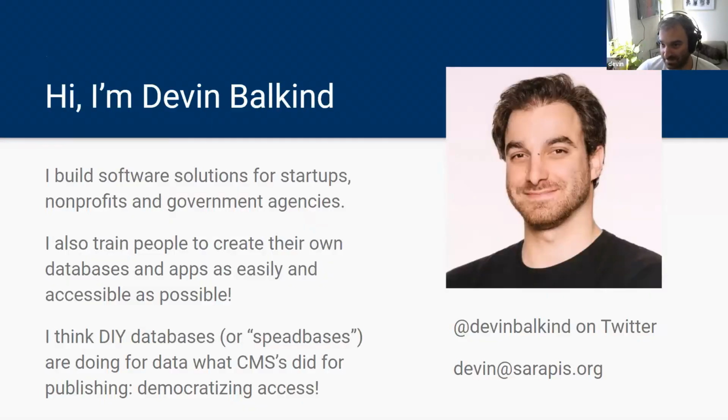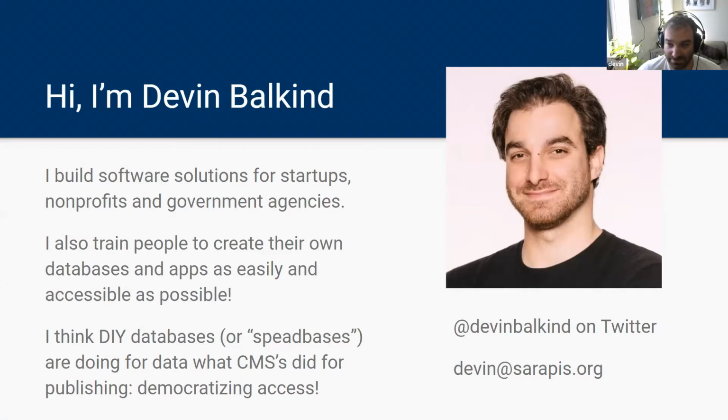I am Devin Balkind. I build software for startups, nonprofits, and government agencies. I'm like a software producer. I don't code, but I do structure data, and I make specifications that people do code, which I consider to be a production kind of skill.